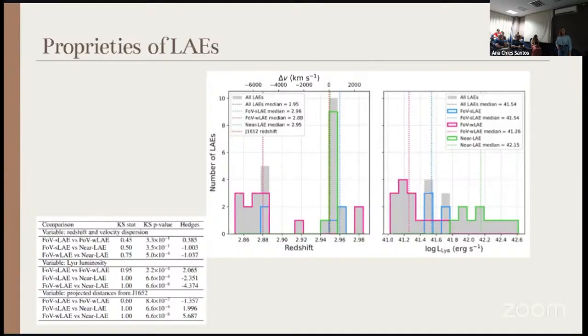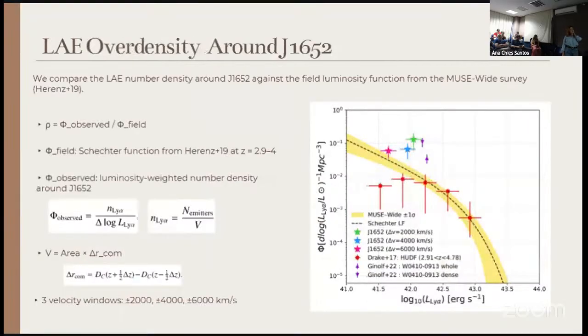So this is the histogram of Lyman-α galaxies. It is biased because of the classification. We also compute the Lyman-α overdensity. When you measure the number of Lyman-α emitters per volume, we can compare.